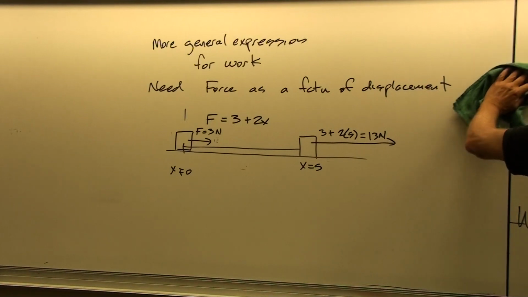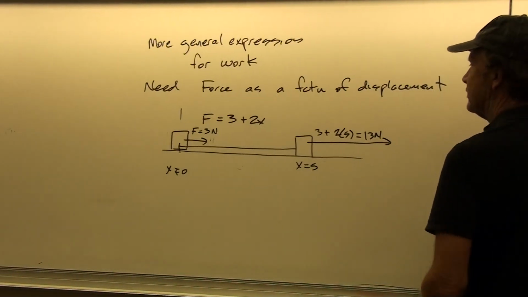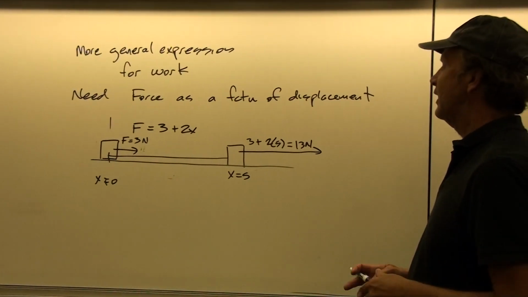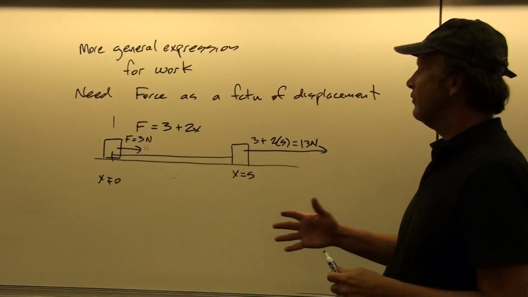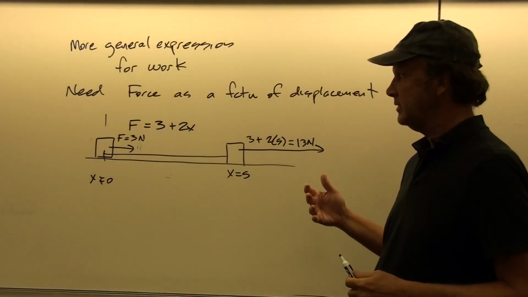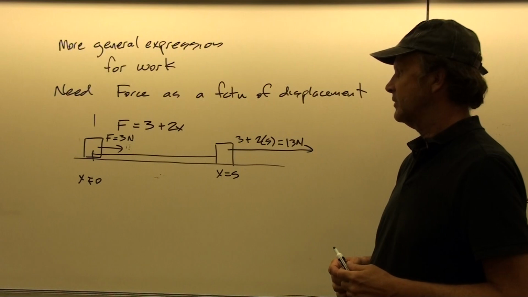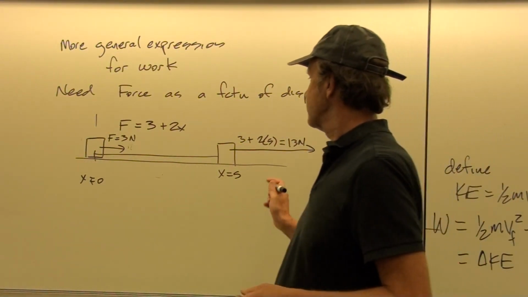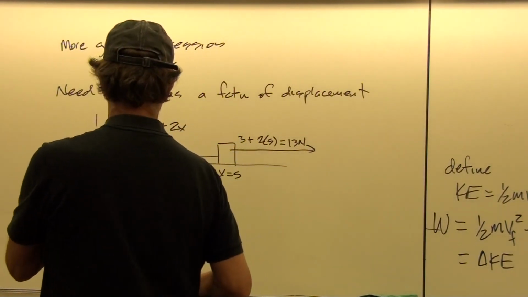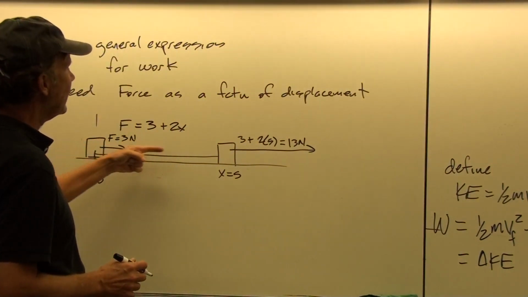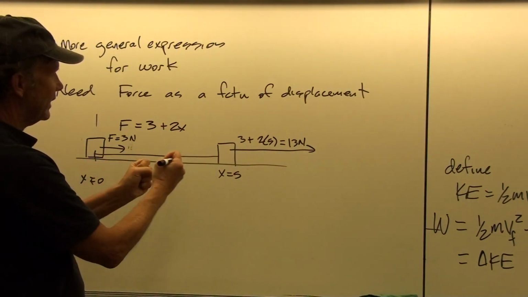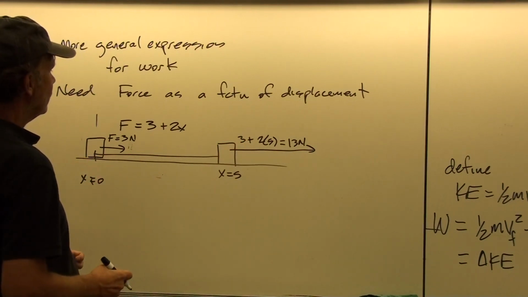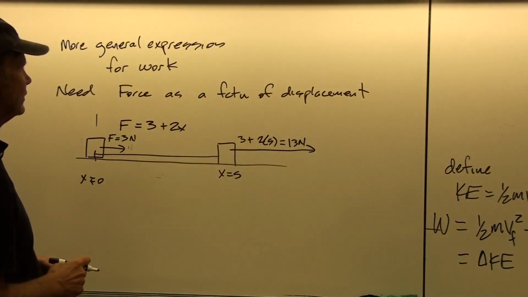And so why are we doing this in terms of x? Well, a lot of forces are distance dependent. And spring forces, for example, which we'll get to very soon, are spring dependent. So that's a function of where the spring is, how much it's stretched, rather than how much time has elapsed.